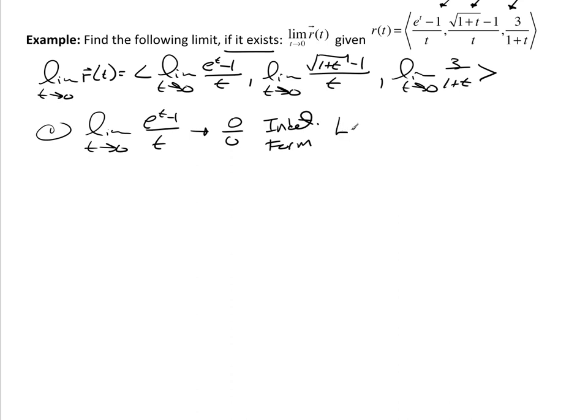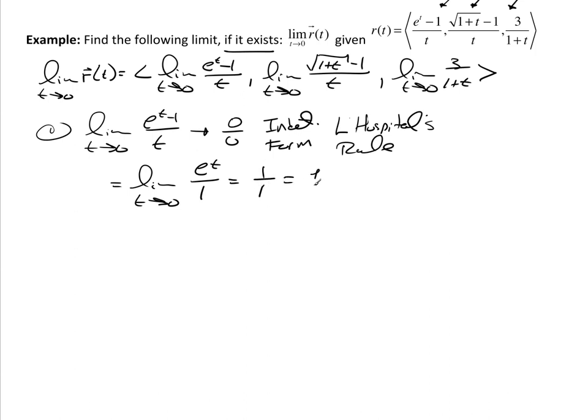So I'm going to apply L'Hopital's rule and take the derivative of both the numerator and the denominator. This is equal to the limit as t goes to 0 of e to the t over 1, which as t goes to 0 is 1 over 1, which equals 1.